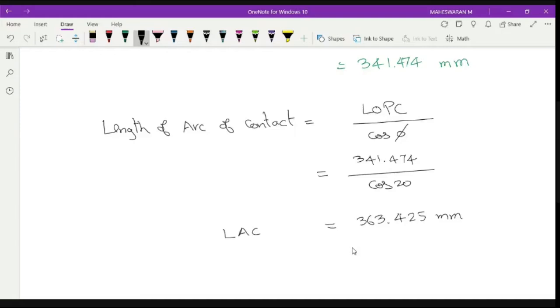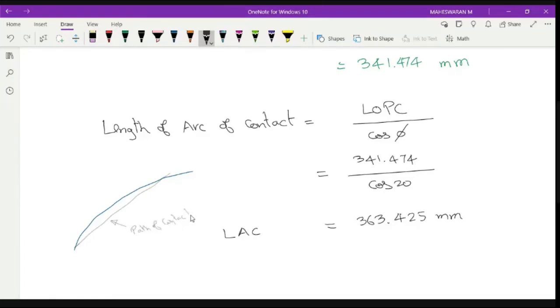Okay. Right. Actually, what is happening here is you have an arc, right? This arc, you are approximating as a line. This line is what we call the length of path of contact. This is the path of contact.